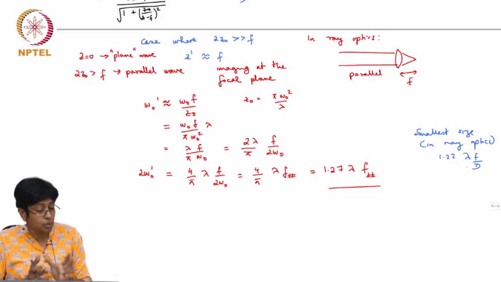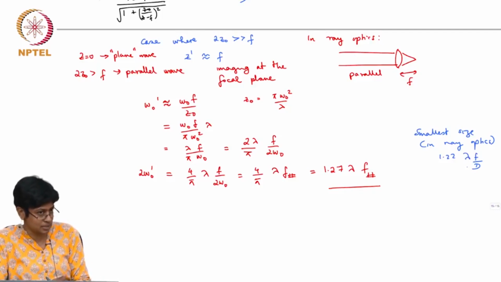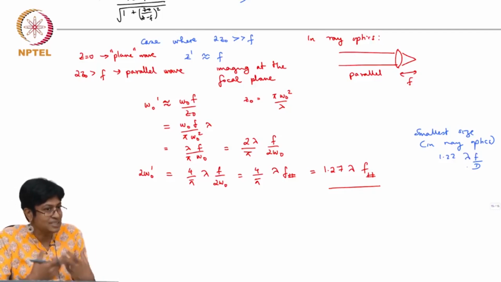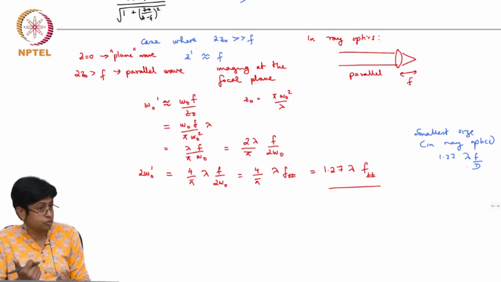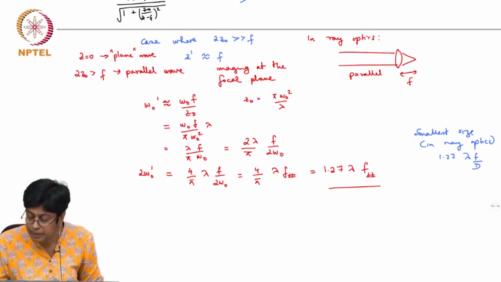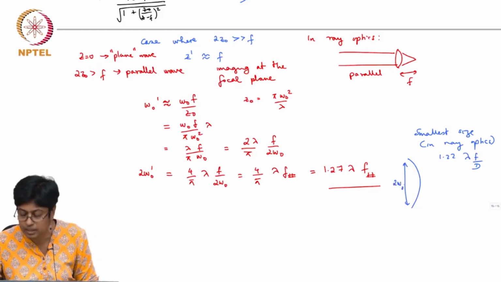It is controlled by the focal length and by the diameter, because if I say the beam diameter is this much, it means the lens diameter. I cannot get this focal spot size if the beam is so large. This is what I say is 2 omega naught dash. Oh, sorry, if it's omega naught dash, it's a plane wave.